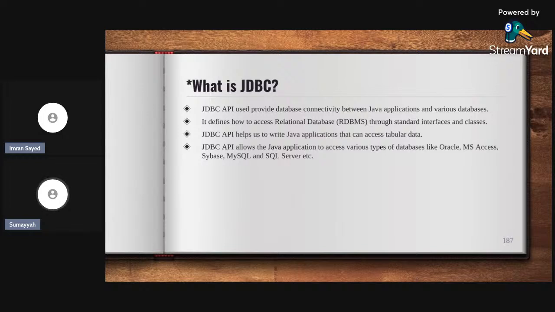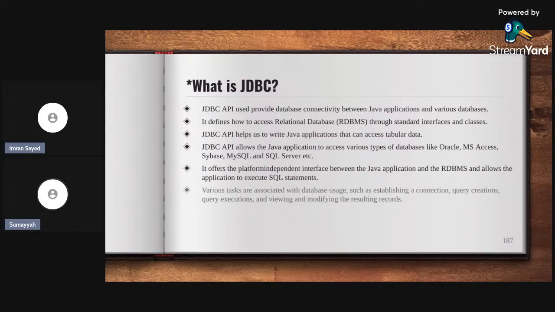JDBC API allows the Java application to access various types of databases like Oracle, MS Access, Sybase, MySQL, and SQL Server, etc. It offers a platform-independent interface between the Java application and the RDBMS and allows the application to execute SQL statements.